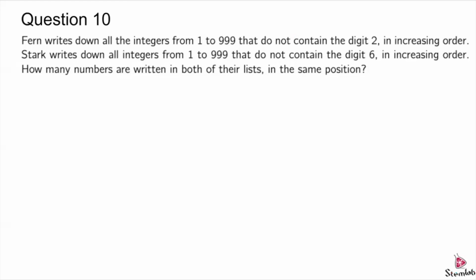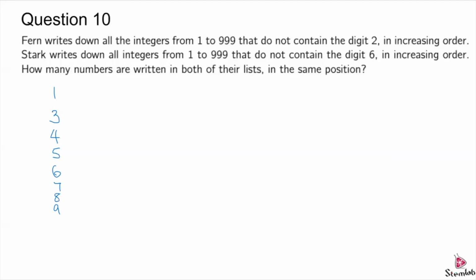Okay, so here I just basically tried things out, right? So I'll put Fern in blue and Stark in red. So Fern would have written 1, 3, 4, 5, 6, 7, 8, 9, if we're doing this from 0 through 9, right?